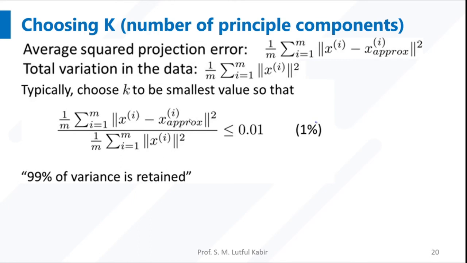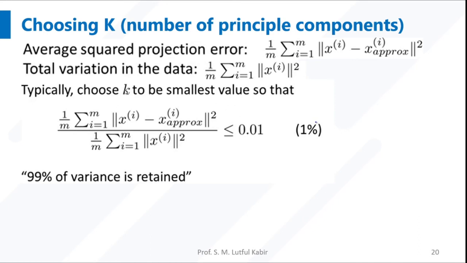But we expect that there could be some error, and that error should not be more than a small value. If it is compared with 1%, then we call it 99%. If it is 5%, then we call it 95% variance retained. So 95 to 99 is the typical value for this comparison.